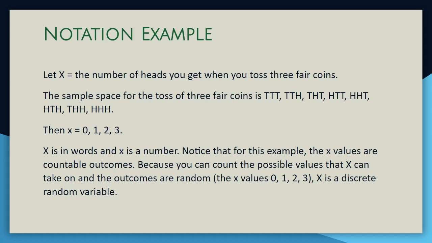And we've heard that word before. Discrete means countable. 1 person, 2 people, 3 people, 1 head, 2 heads, 3 heads. There are things that we count versus continuous, which are things that we measure. So this week we are focused on discrete random variables.